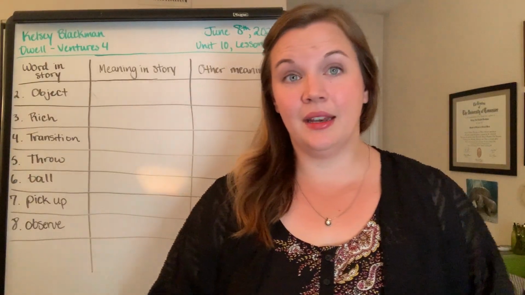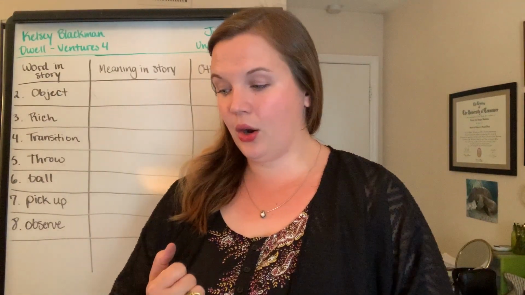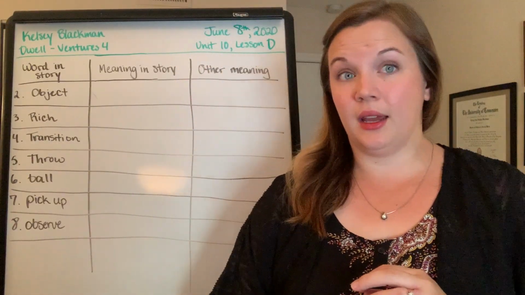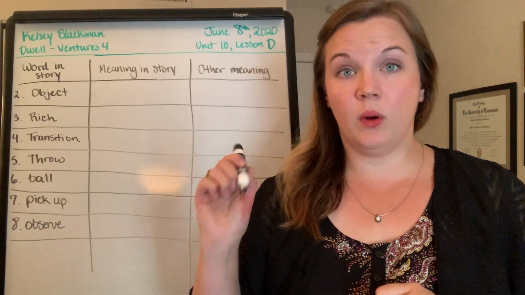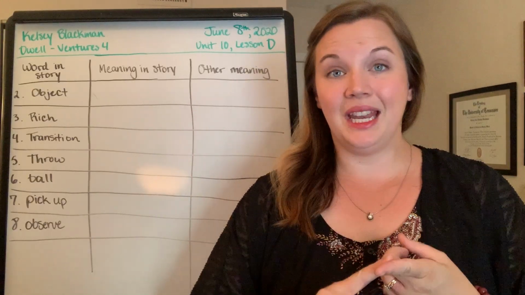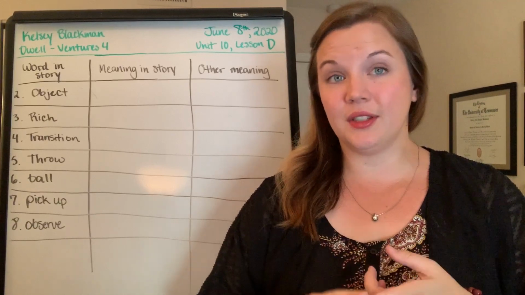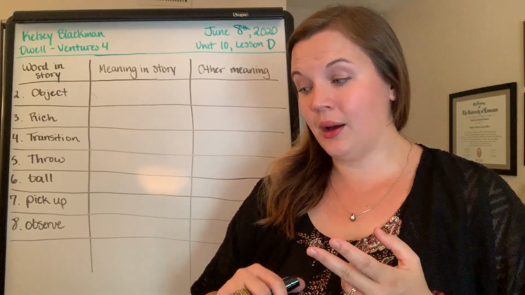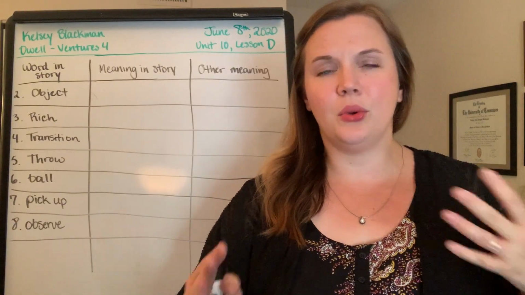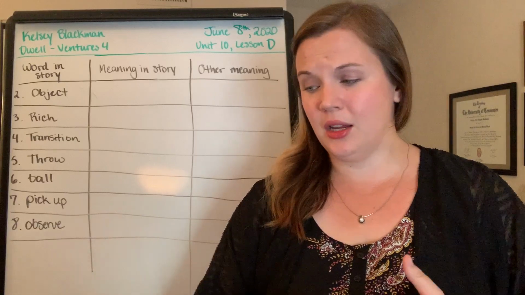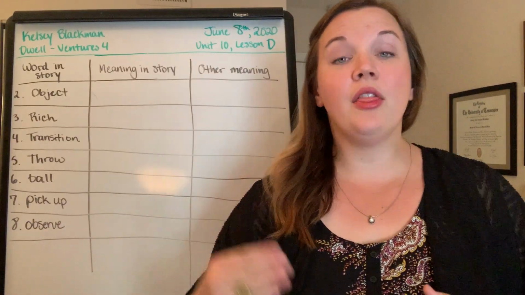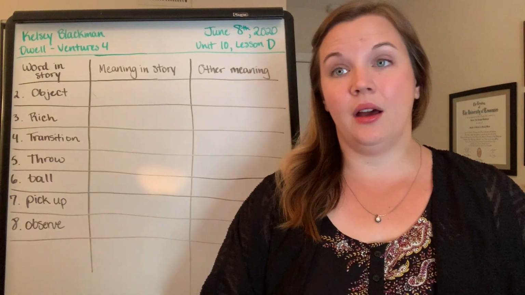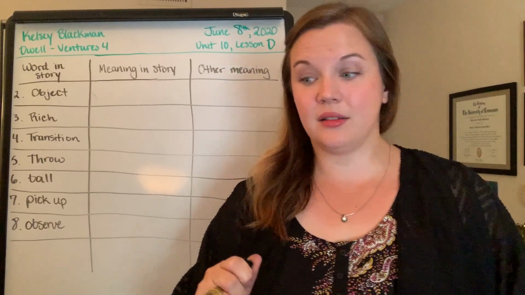So in the last lesson, there was a list of vocabulary words from the reading, and your homework was to find the meaning of that word as they used it in the story, and then to find through Google or maybe a dictionary another meaning that same word can have, maybe used in a different context.